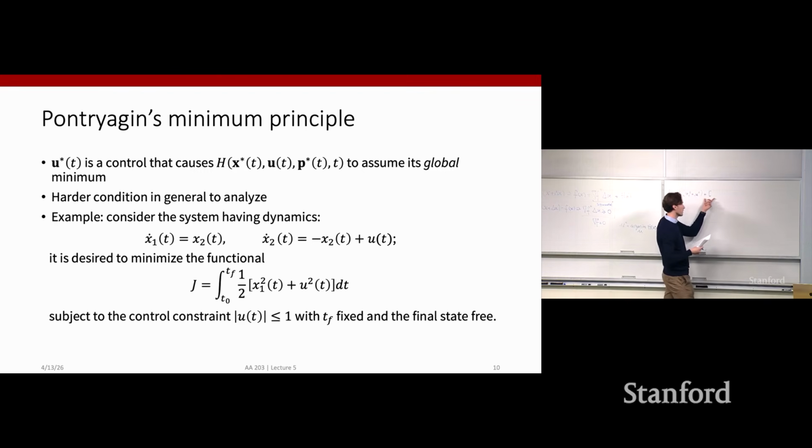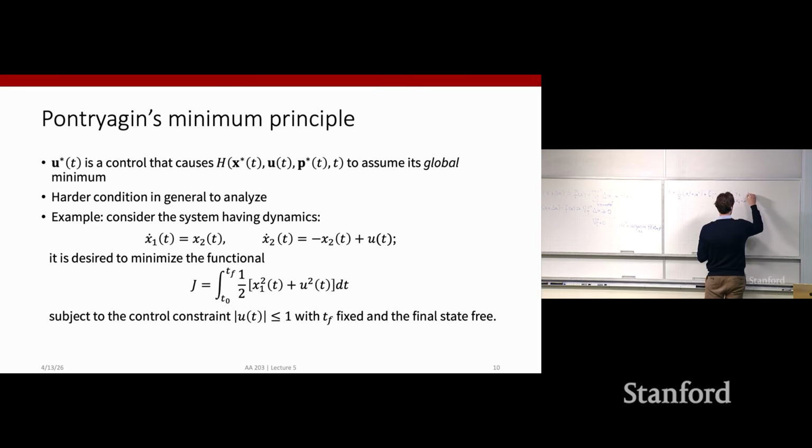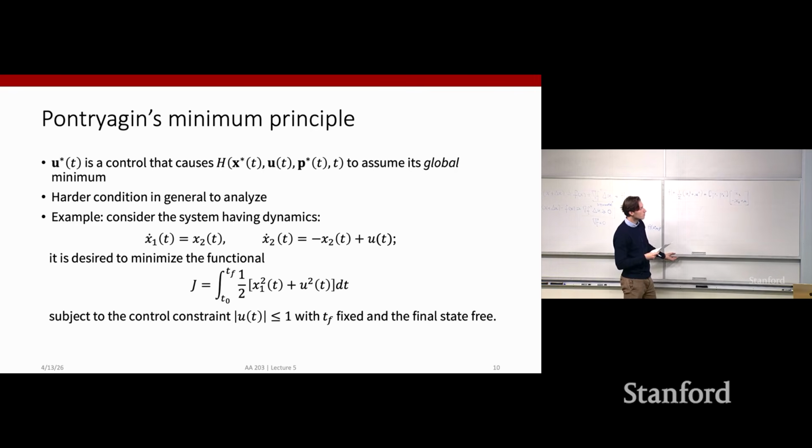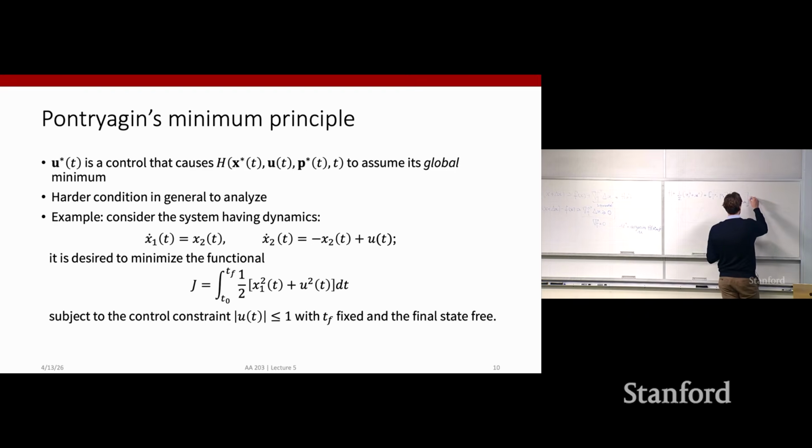Plus the costate times our dynamics function f, p1, p2 transpose times x2, minus x2 plus u, which we can write as 1/2 x1 squared plus u squared plus p1 x2 minus p2 x2 plus p2 u. Okay.